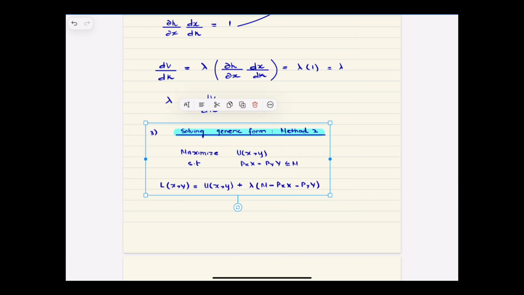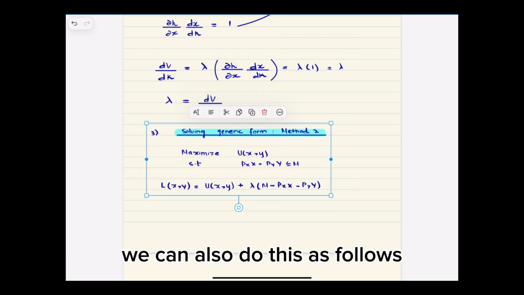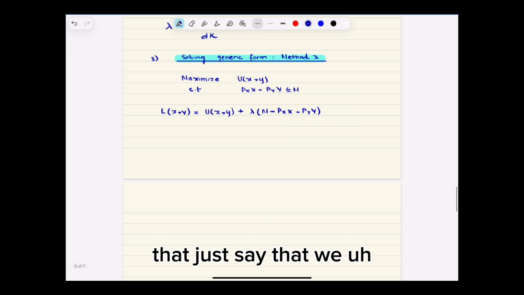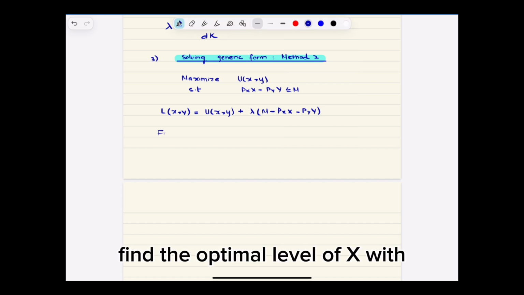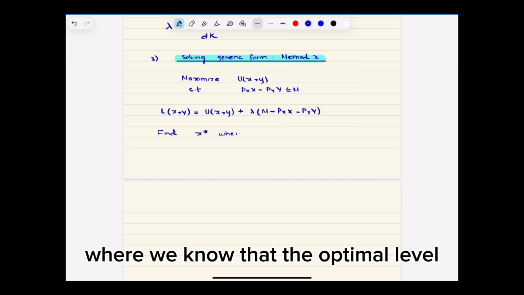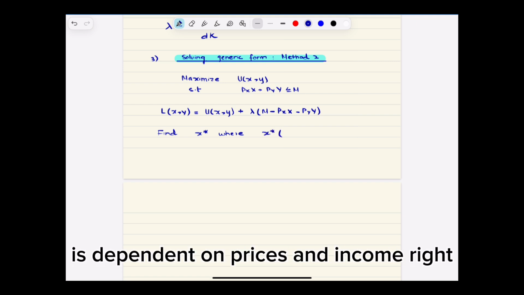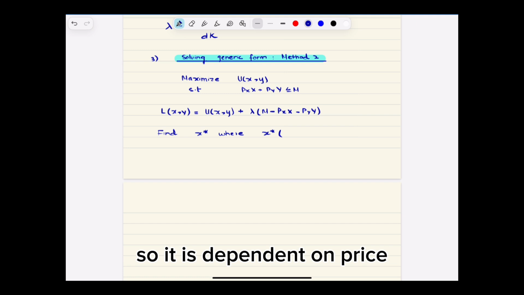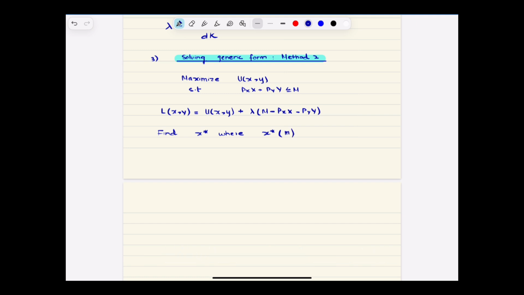We can also do this by saying that we find the optimal level of x, where we know that the optimal level is dependent on prices and income, right? So it is dependent on price.